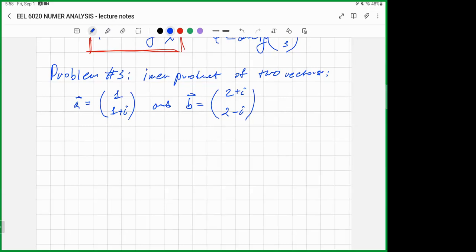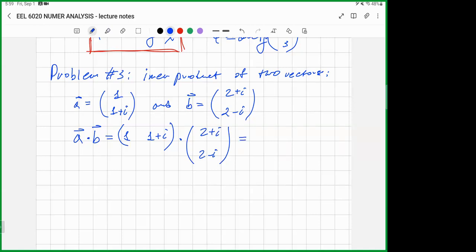And we can write the same as this construction. If I take the first vector as a row, its components are 1 and 1 plus i, and the second vector as a column, 2 plus i over 2 minus i. Why do I do so?